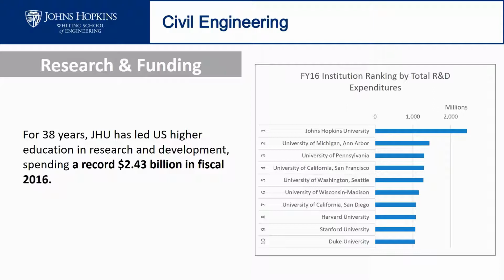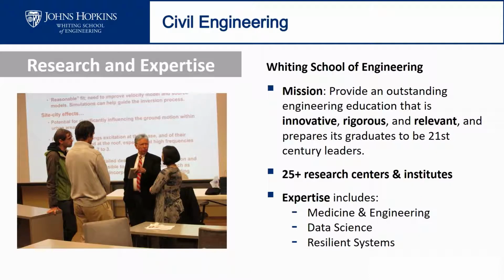And this shows in a lot of the research initiatives that do go on at Hopkins. So along with the research and the industry partnerships, you'll be able to see that Hopkins provides a unique experience when it comes from this perspective. So the Whiting School of Engineering looks to provide an education that's innovative, rigorous, and prepares our graduates to be leaders for the future.